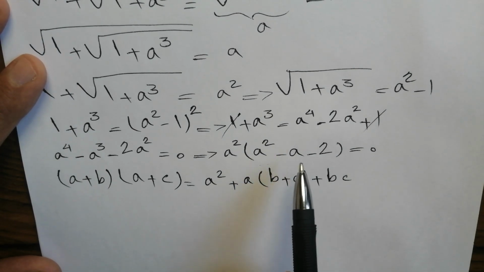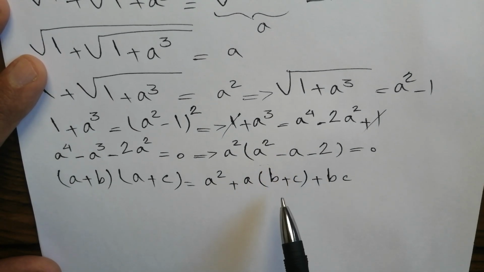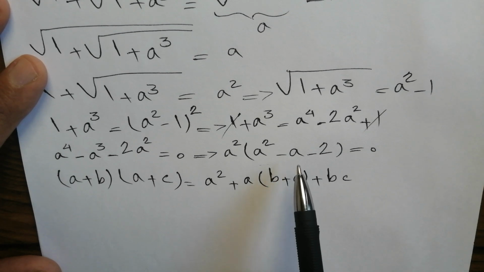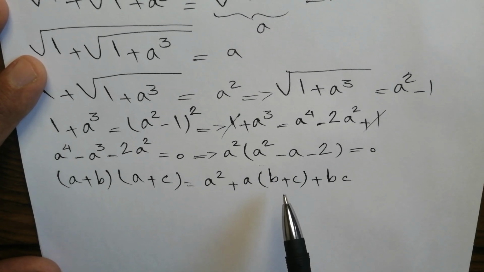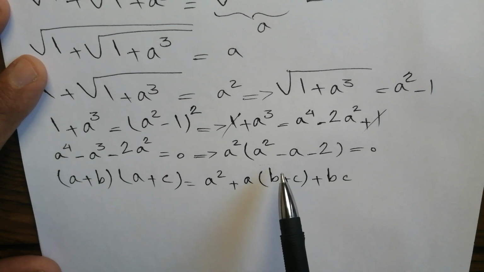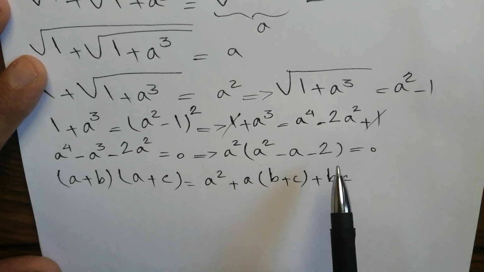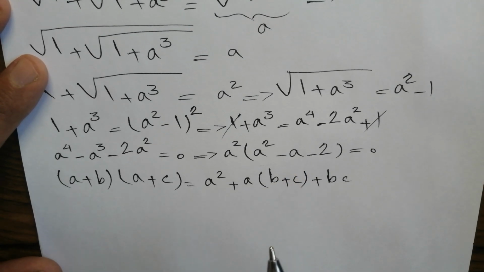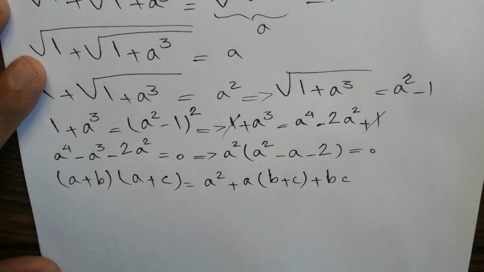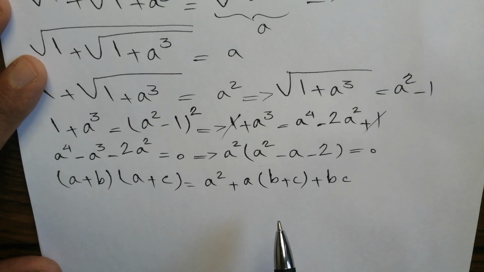So for the expression inside the bracket, we need to find two integers that, if we add them together, the result is -1, and if we multiply them, the result is -2. These two numbers are -2 and +1.